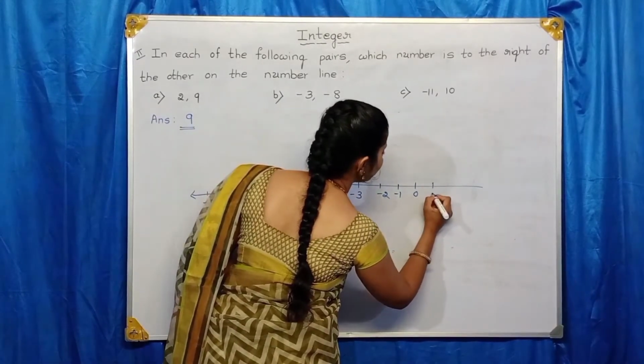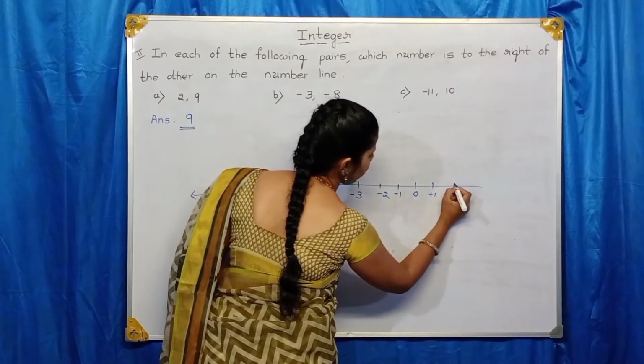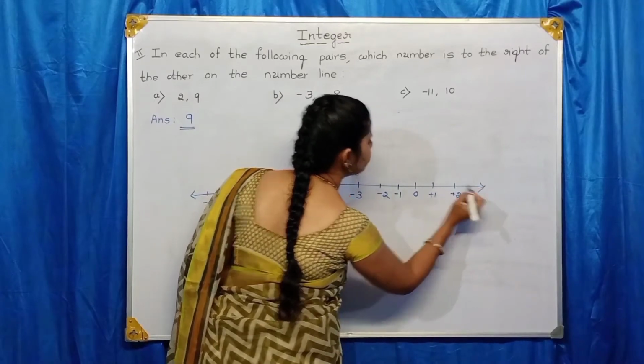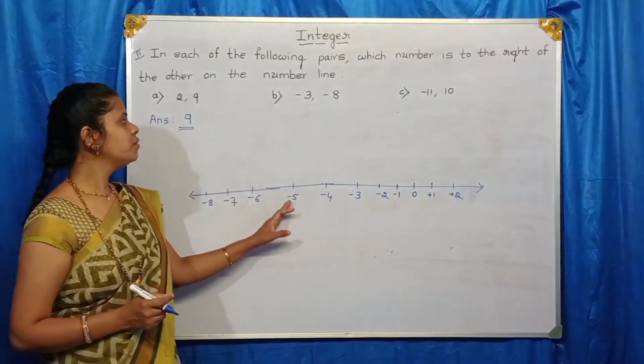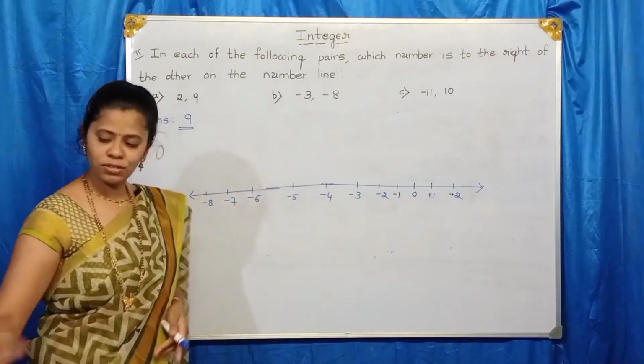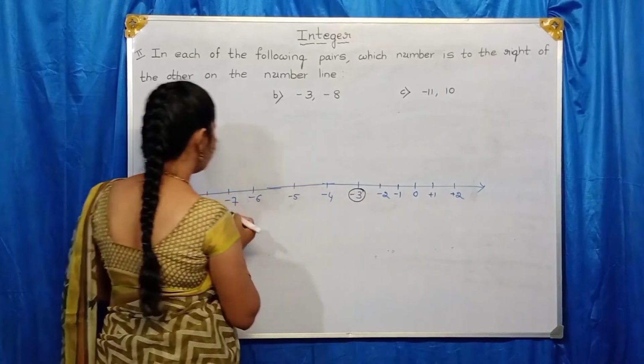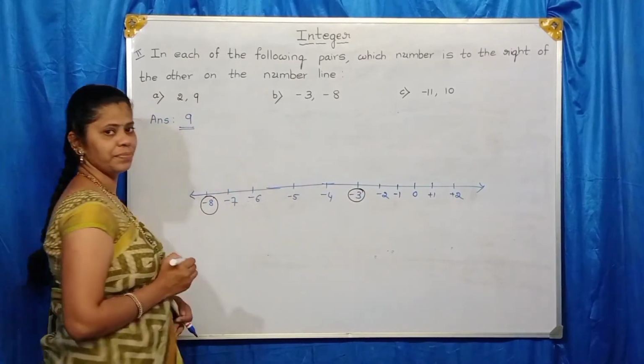And on the right side of 0 we have plus 1, plus 2 and so on. Which numbers have they given? Minus 3 and minus 8. So, let's round up minus 3 and minus 8.